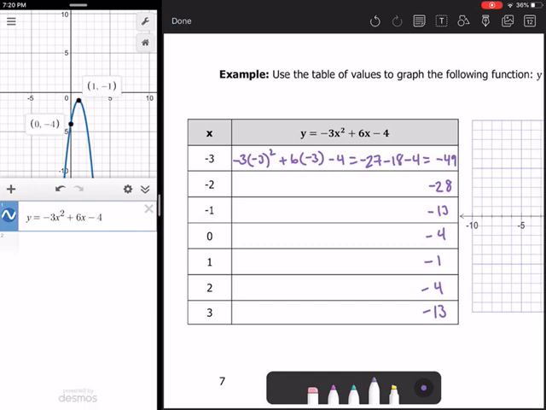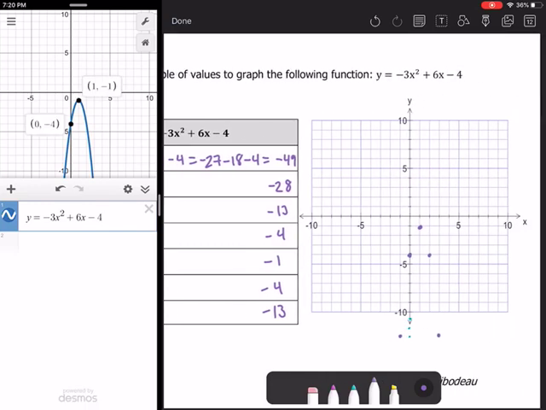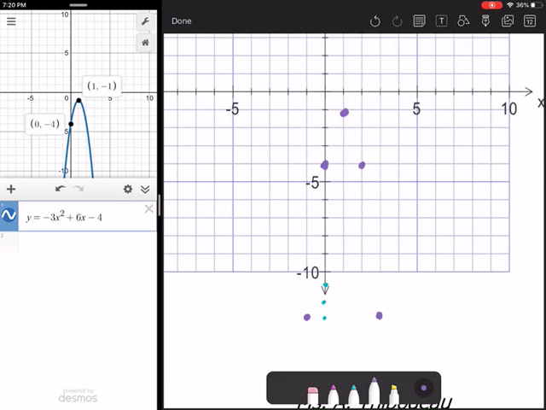And we can see that the vertex occurs at 1, -1. And so we can go ahead and draw in our parabola on either side.